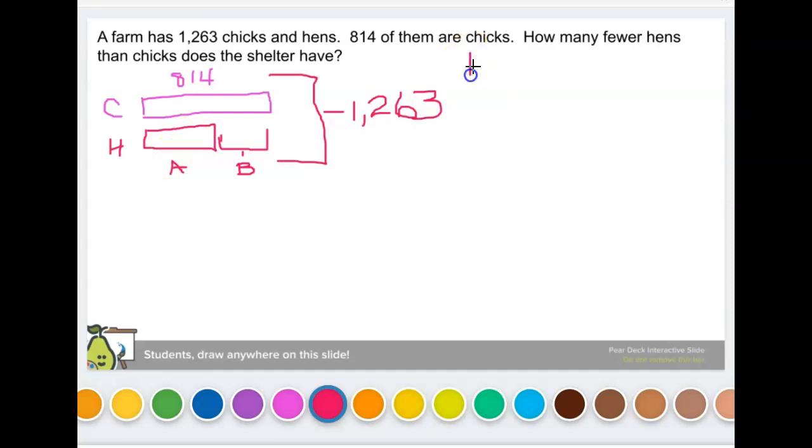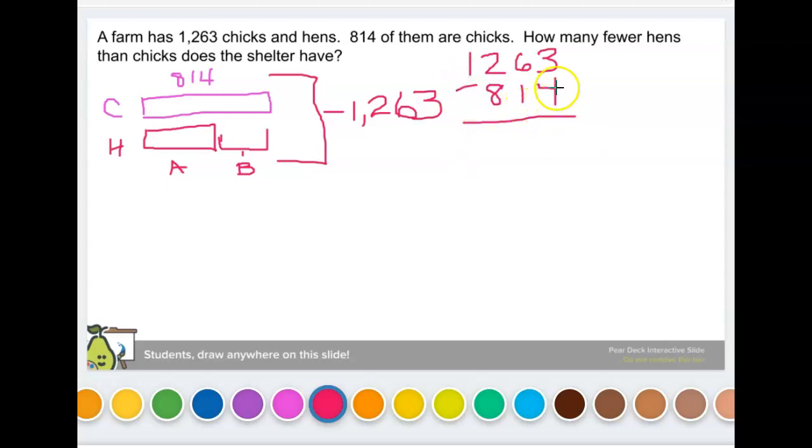That means I need to do some subtraction. So 1,263, and if I take out the chicks, that will leave me with how many hens we have. 814. Okay, so I am going to subtract.